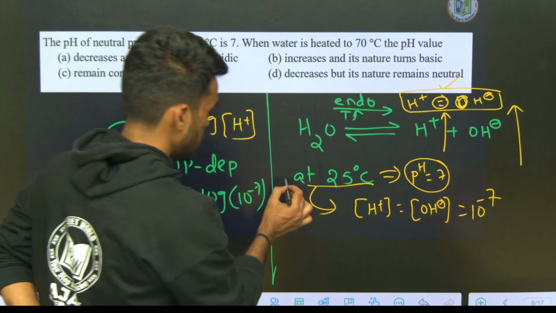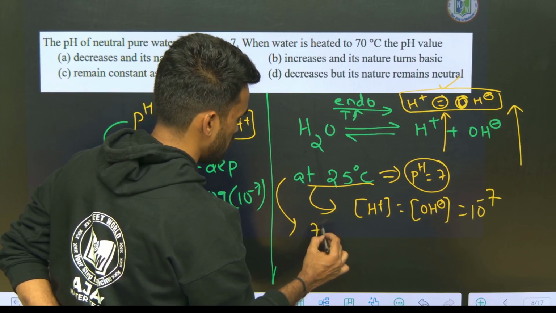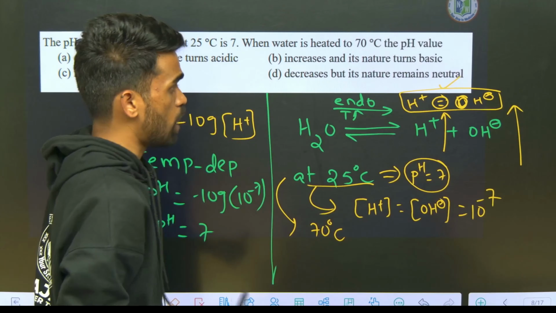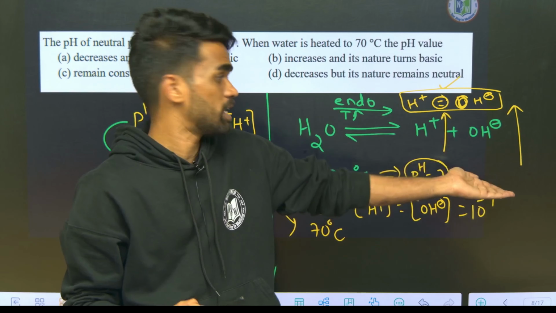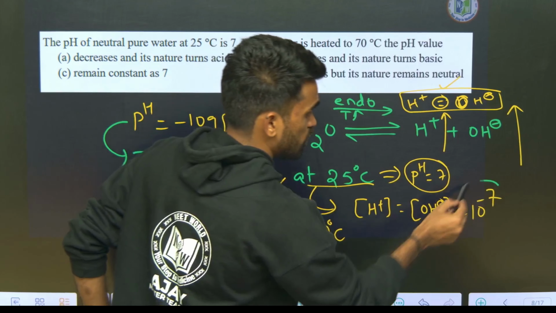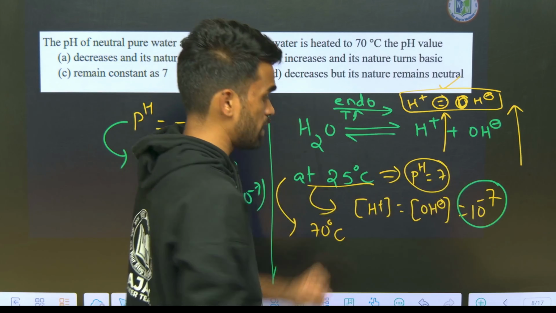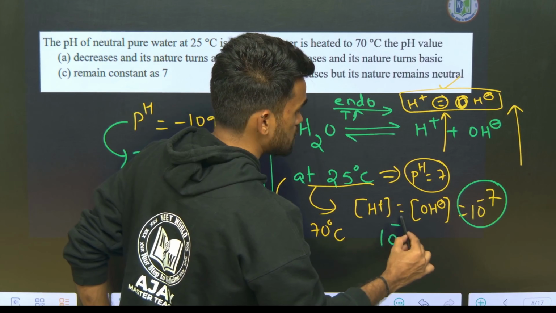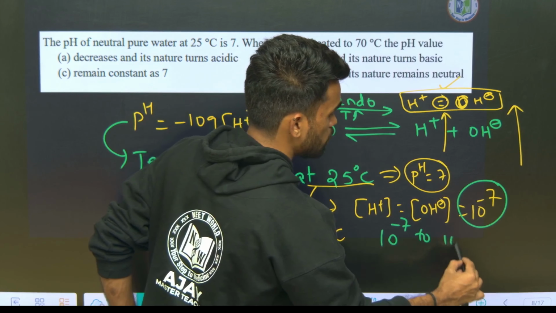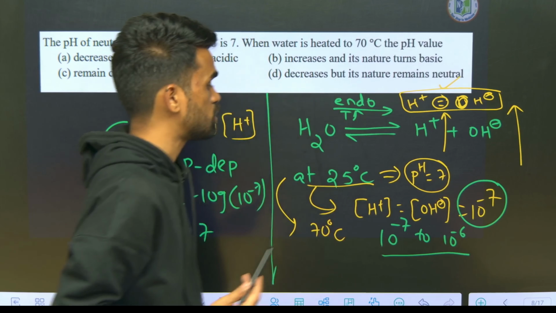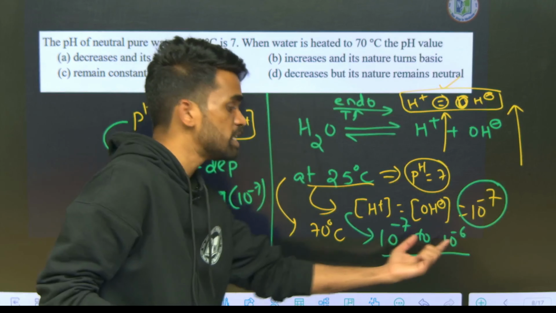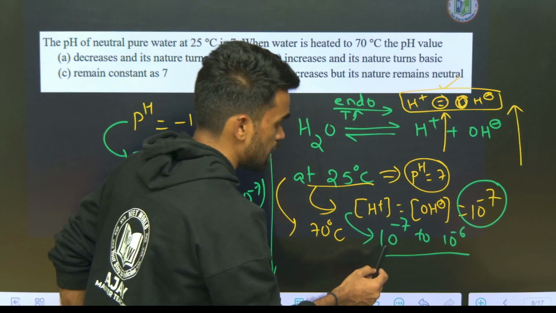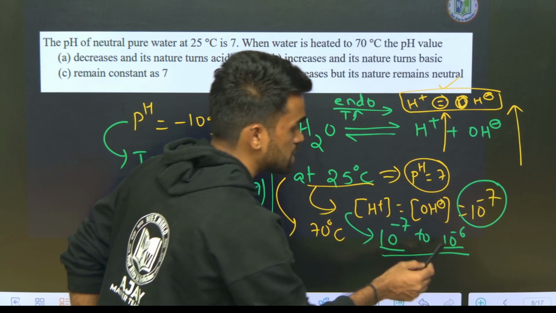Now if I take the same consideration at 70 degrees, what happens? Temperature is raised, so the concentrations of H plus and OH minus ions also increase, so that will definitely be greater than 10 power minus 7. It falls in the 10 power minus 7 to 10 power minus 6 range, greater than 10 power minus 7 and less than 10 power minus 6.